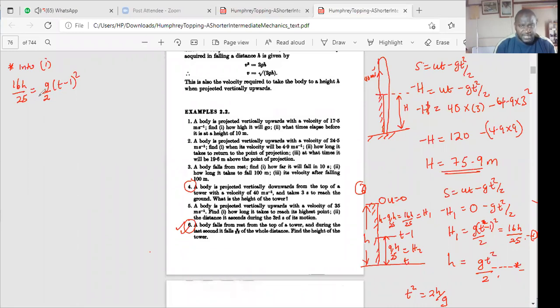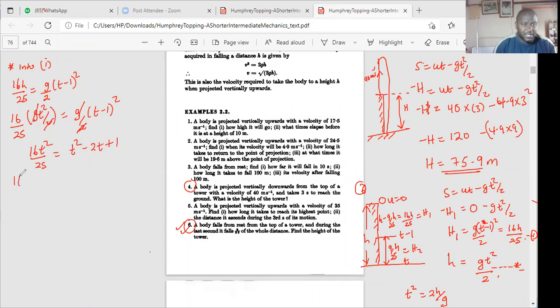But remember, we have already seen that h is gt squared over 2, so 16 over 25 times gt squared over 2 is going to be equal to g over 2 into t minus 1 squared. This can lose the g, it can lose the half, realizing 16t squared out of 25 is equal to t squared minus 2t plus 1.